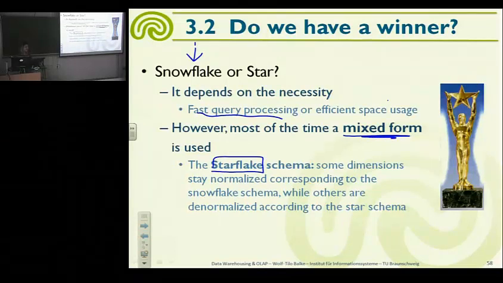And the idea is, well, look at the dimensions that you have, and depending on the types of queries that you are getting, some dimensions can be normalized, while others can be left denormalized. So for instance, if you're getting most of the queries on the time dimension on the year, then maybe you can denormalize the time dimension.